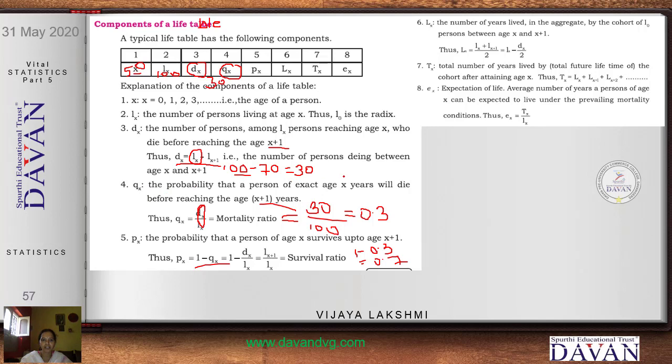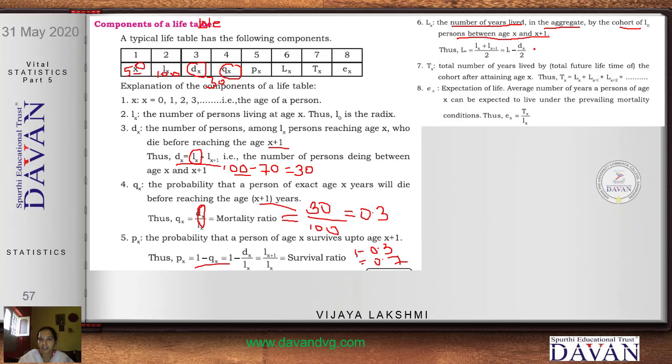Next, qx is the probability of the death. How do you calculate? dx divided by lx. And px is the probability of the survivals. Then it is given with the formula 1 minus qx. Next is capital Lx. They are the number of years lived in the aggregate by the cohort of l0 persons between age x and x plus 1.